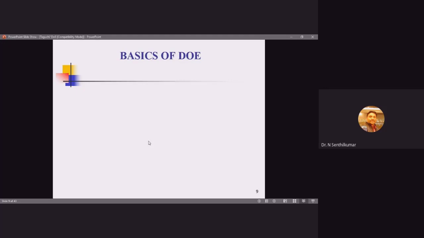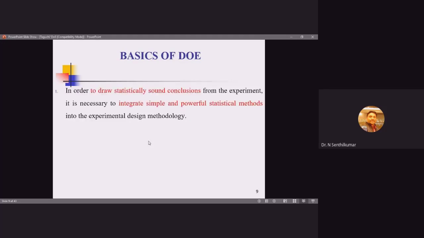Then you move on to the basics of DOE. We are going to include some statistical principles into Taguchi's DOE. That is the first step that we have seen. Okay. For what purpose are we going to incorporate the statistical tool in this? Then only we can identify the most influential parameters. How much it is going to influence, the quantification, we are going to identify. So which factor is going to influence more and how much it is going to influence, the quantification is very important.